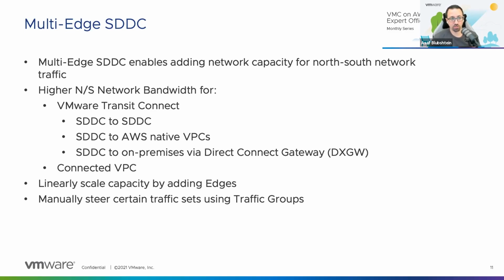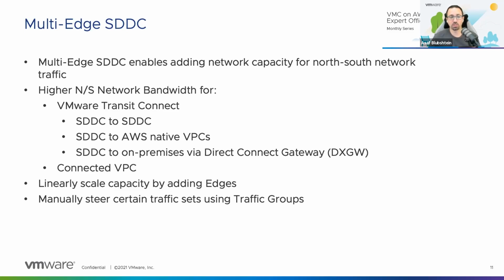One of the features that we introduced in VMware Cloud on AWS is multi-edge SDDCs, or basically allowing you to deploy multiple tier-0 edges in the SDDC to provide more bandwidth for north-south traffic. There are several types of traffic that this can be implemented on: traffic to the VMware Transit Connect that Fabio just mentioned, and traffic to the connected VPC.